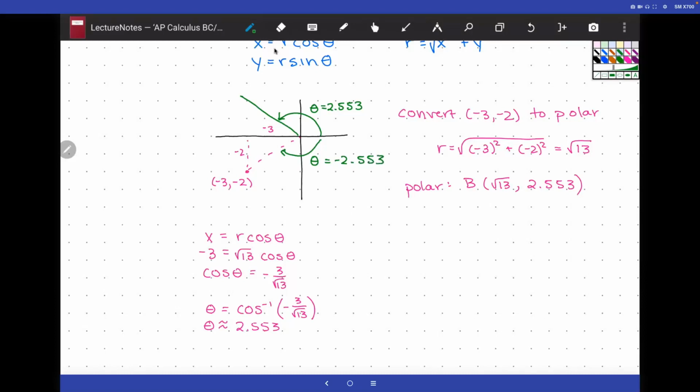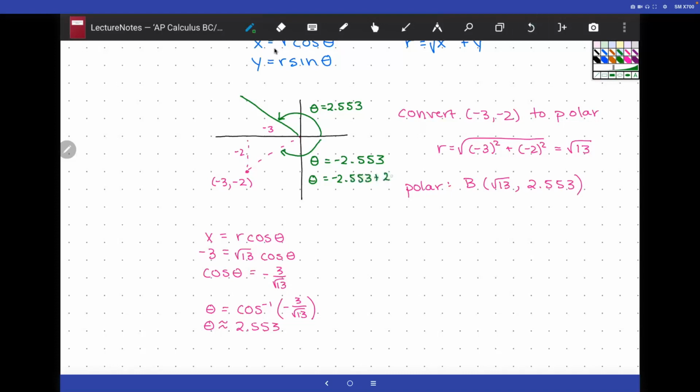And sometimes, not very often, more in trig books, when you get to calculus books you won't see this, occasionally they might say your theta is only between 0 and 2 pi. They want a positive angle. How can I make this angle positive if it wants us to give a positive angle? Yeah. Or adding 2 pi to this, however you want to look at it. Or theta is negative 2.553 plus 2 pi.